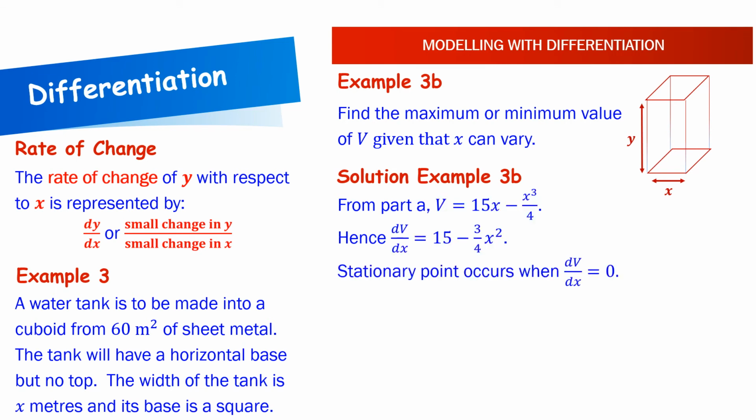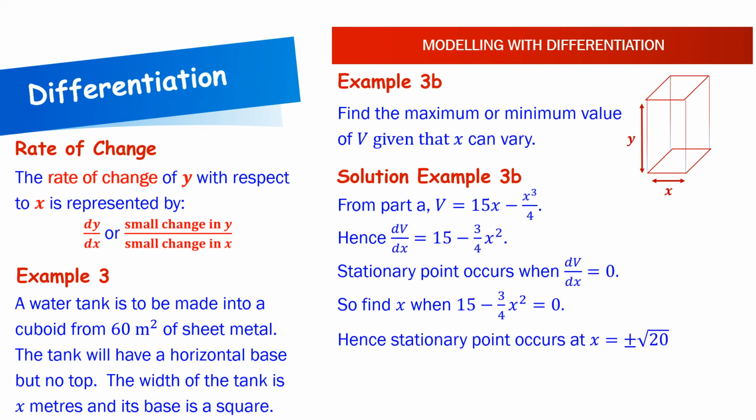And of course the stationary points occur when dV/dx equals 0. So we are therefore required to find x when 15 minus 3 over 4 x squared is equal to 0. And so solving for x gives us x equals plus or minus the square root of 20, which equals plus or minus 2 root 5.